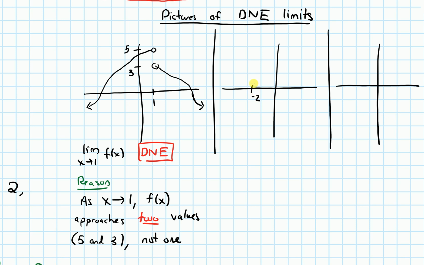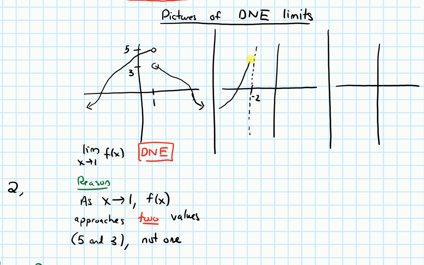Well, if I have a scenario where there is a vertical asymptote, because with a vertical asymptote, the graph would either be going to infinity or negative infinity, and for a limit to exist, it's got to be a finite number. And a vertical asymptote is associated with some sort of infiniteness. So let me just draw one example of a picture with a vertical asymptote, although there could be many ways this could look.